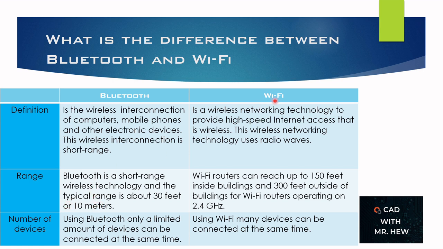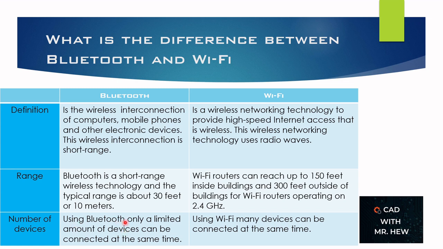Let us look at the range for the Wi-Fi networking technology. Wi-Fi routers can reach up to 150 feet inside buildings and 300 feet outside of buildings for Wi-Fi routers operating on 2.4 gigahertz. Let's look at the number of devices that you can use with Bluetooth at any one time.